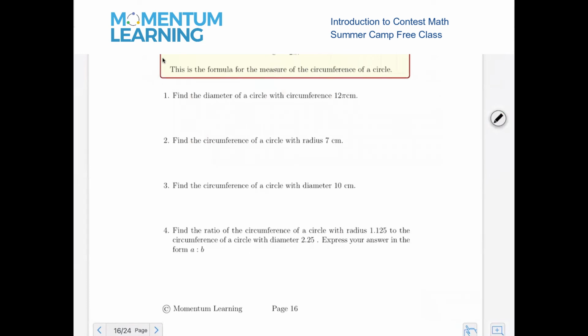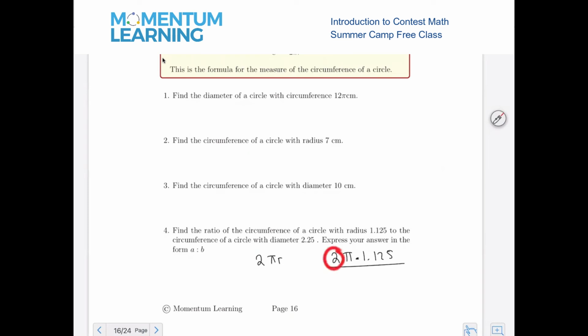Find the ratio of the circumference of a circle with radius 1.125 to the circumference of a circle with diameter 2.25. Now, we know that the circumference of a circle is 2 pi r, right? So if you write the ratio, it's 2 pi times 1.125 divided by the circumference of a circle with diameter 2.25.